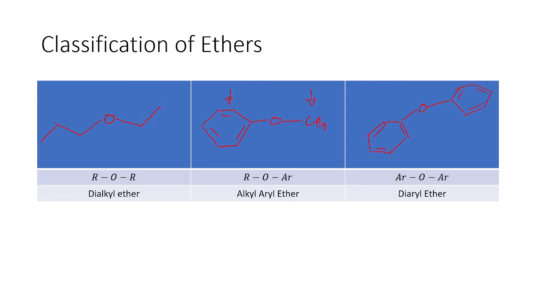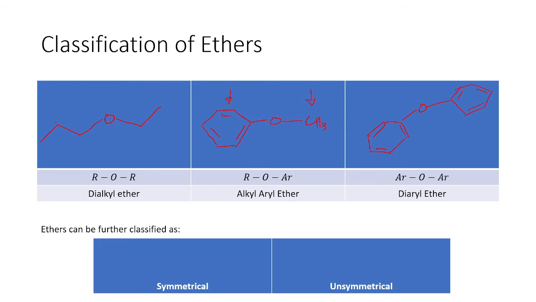Okay? And besides that classification of ethers based on the organic groups attached to our sp3 hybridized carbon, we also have another classification wherein we can further simplify our ethers into symmetrical and unsymmetrical ethers. As you may have noticed in the examples we gave earlier, one of our symmetrical ethers is our diaryl ether.